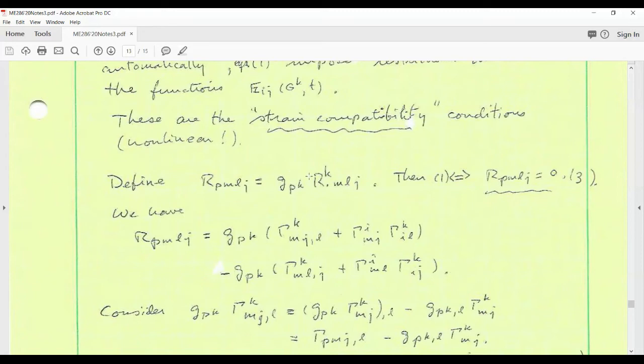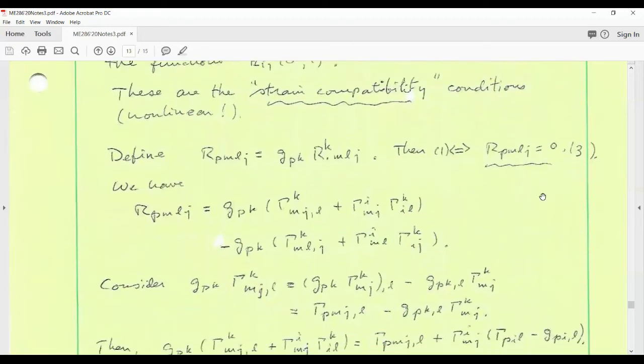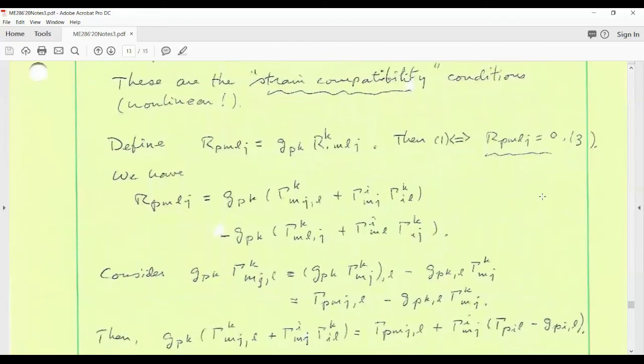Okay? So if these are 0, then automatically these are 0. But the converse is also true. These being 0 guarantees that all of these are 0 because of the invertibility of G. So equation 1, the vanishing of these, is equivalent to the vanishing of the fully covariant Riemann tensor. And this version of the compatibility equations is a bit more straightforward. Okay, we'll call that equation 3.